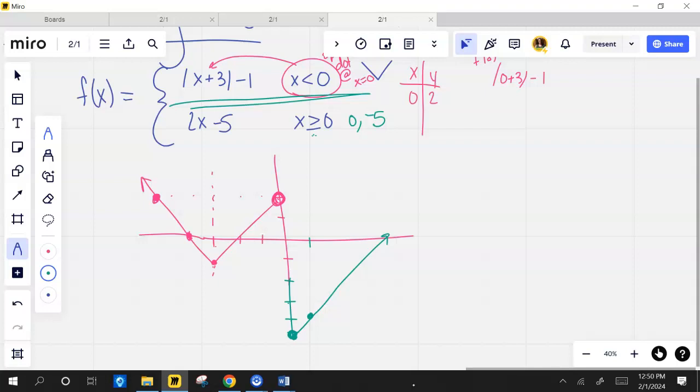What's the domain of this entire function? All real numbers, negative infinity to infinity, the grown-up way to say it. That's this line, but only when x is bigger than 0. Can I explain why?